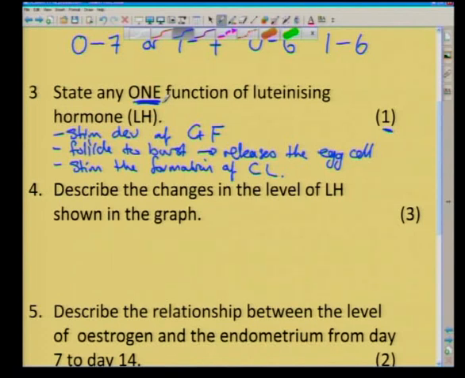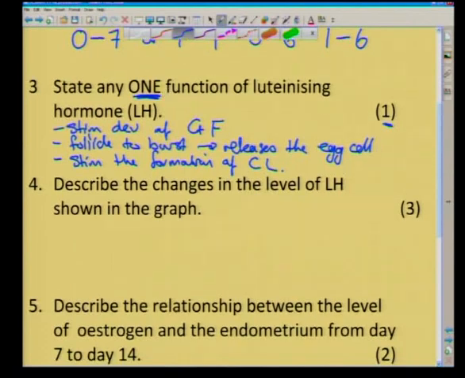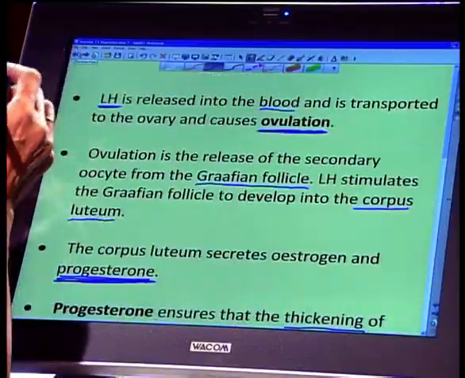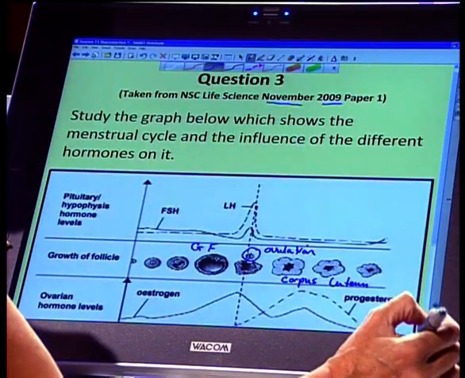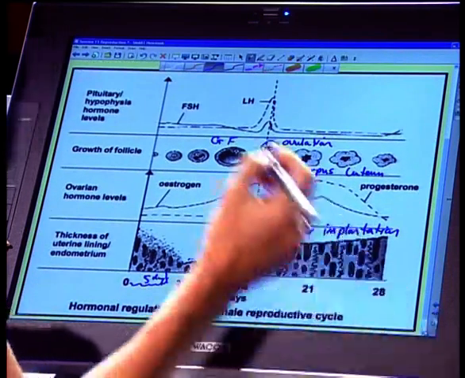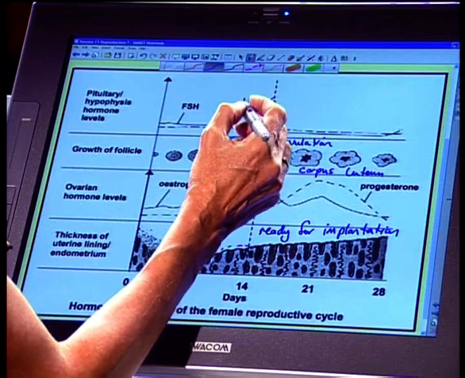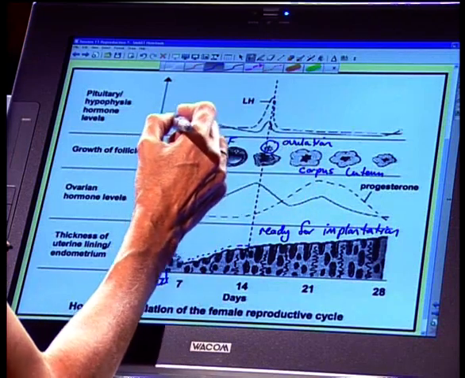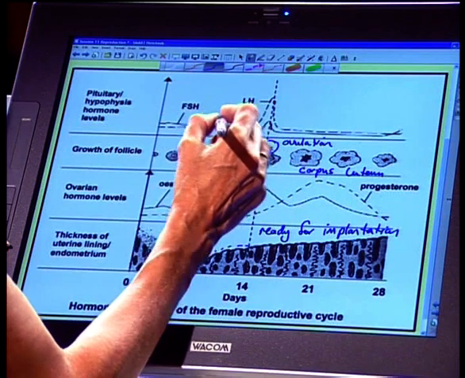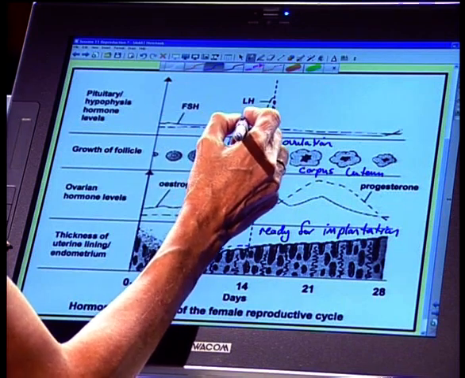Then describe the changes in the level of the LH shown in the graph. Now if we go back, they want to know what happens here to the LH. So what happens? The LH level remains constant or relatively constant at quite a low level up until about day 13.